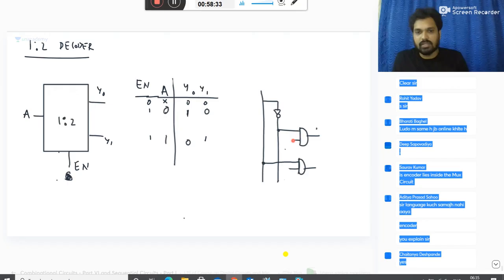So you can say this is A, and here it is enable, and y0, y1. You can say this is your enable, and this is your A. Can you tell me whether it is correct or not?